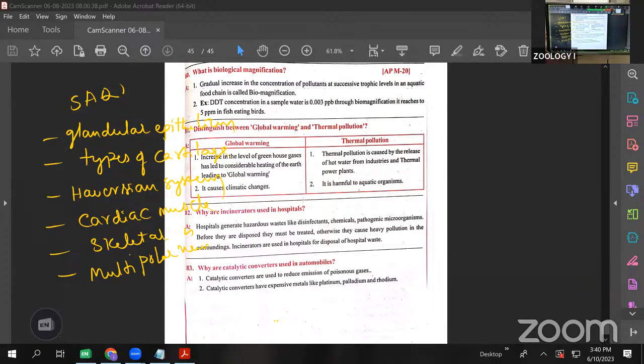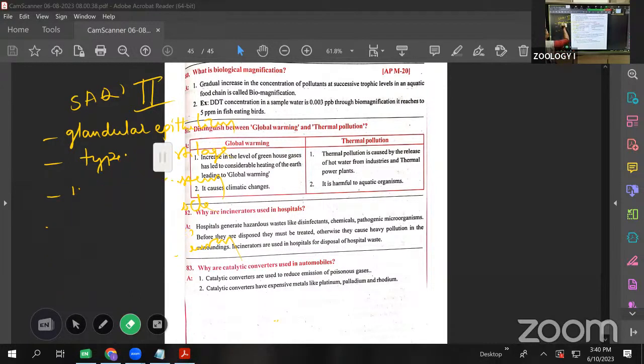These SAQs you learn from the second unit, structural organization. Here I explained more, but these are the important ones. You learn these compulsorily. Don't miss these SAQs.